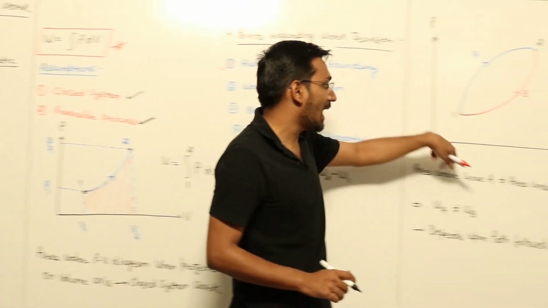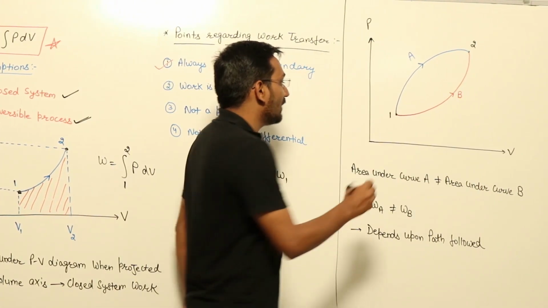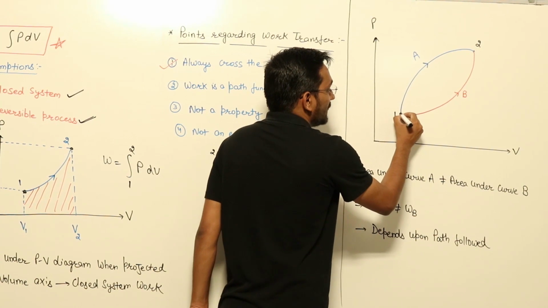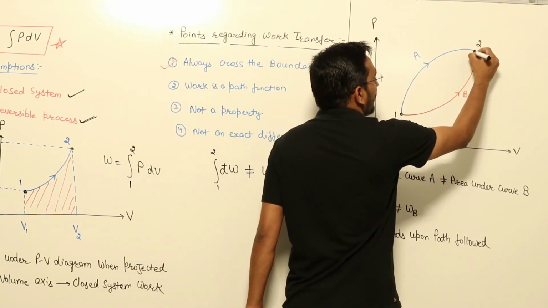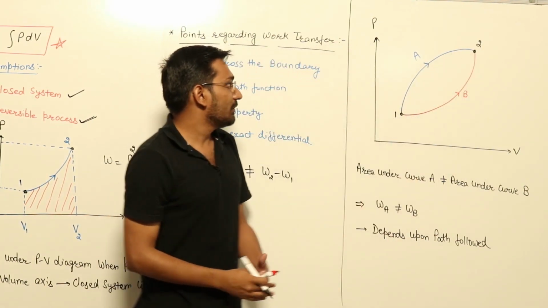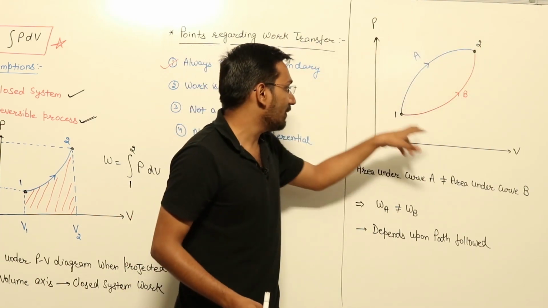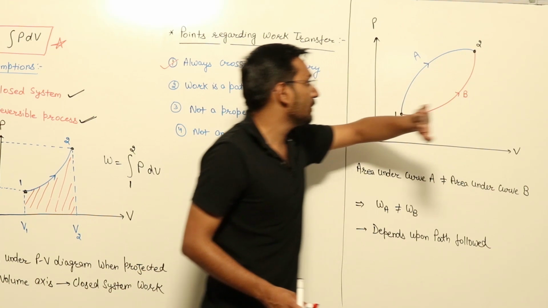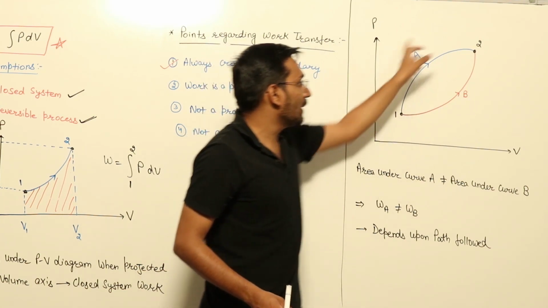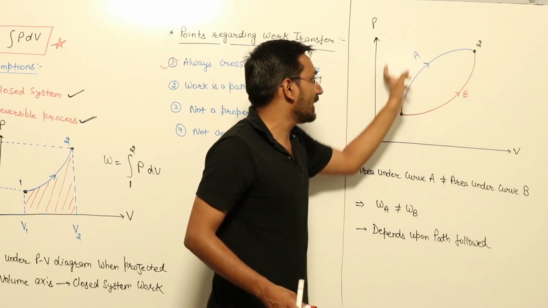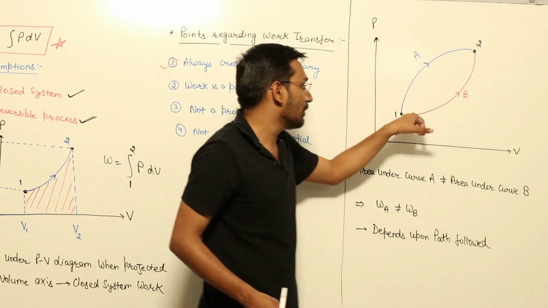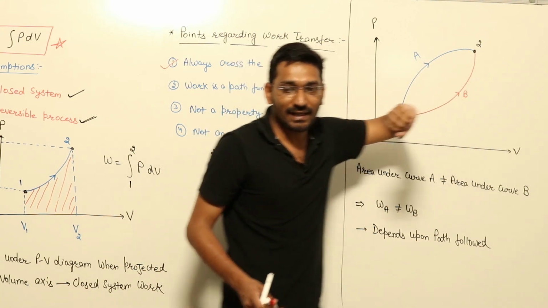Suppose this is a PV diagram. There is one point, this is the initial point 1, and this is the final point 2. We have to go from point 1 to point 2. There are n number of paths the process can take to go from point 1 to point 2. We are taking two paths.